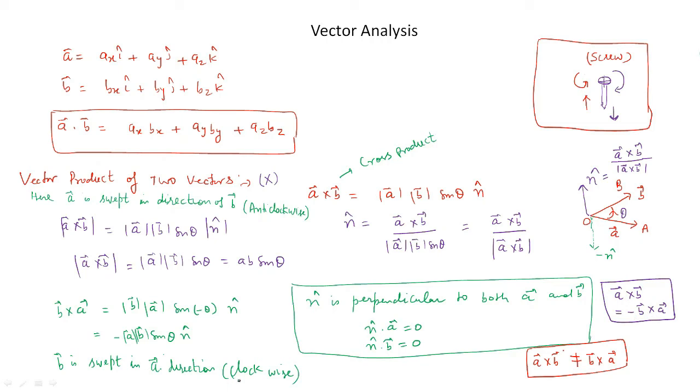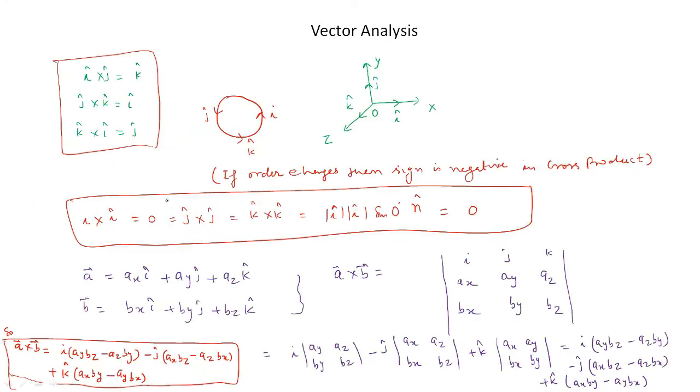Here it is also important to note that the unit vector n is perpendicular to both vector A and vector B. Now in case of the unit vectors, we can define the cross product of the unit vectors as i cross j is equal to k, j cross k is equal to i, and k cross i is equal to j.